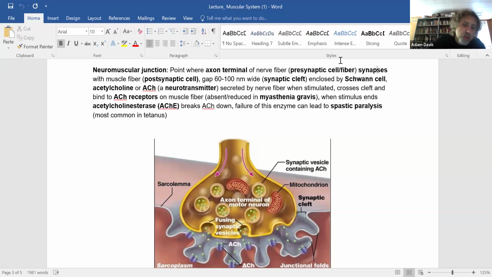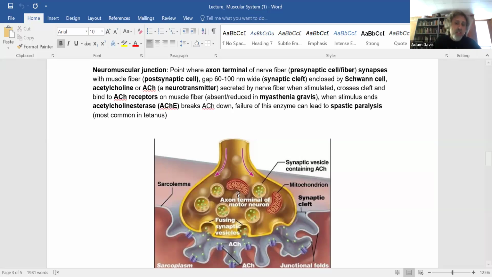Now check it out. The synapse is actually not a point of contact. There is a little tiny gap between the nerve fiber and the muscle fiber. It's not a very wide gap. It's about 60 to 100 nanometers in diameter. We call it the synaptic cleft. A cleft is a gap if you don't know that word.